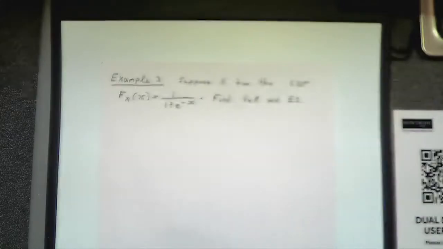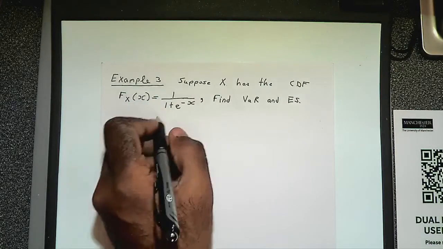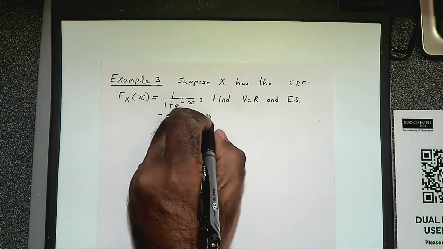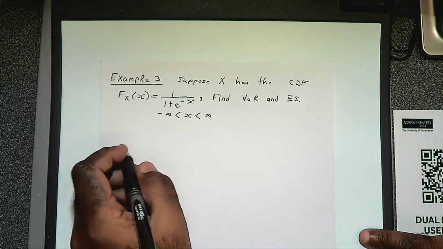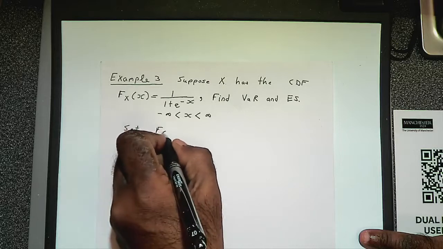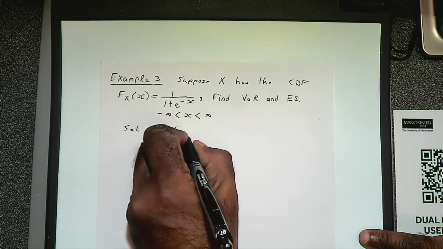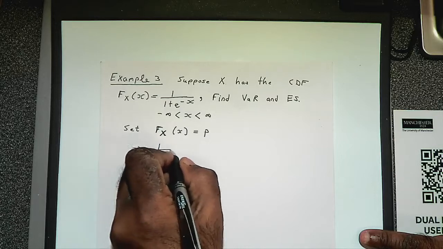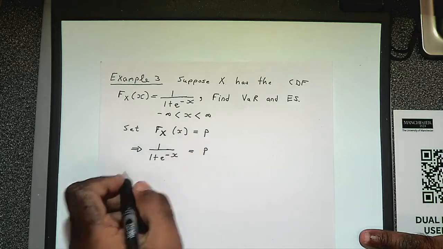So this is known as the logistic distribution, the CDF of a logistic distribution. So x here goes from minus to plus infinity, right? Okay, so to find the inverse CDF, you just set this equal to p. So this is equal to this, yeah?